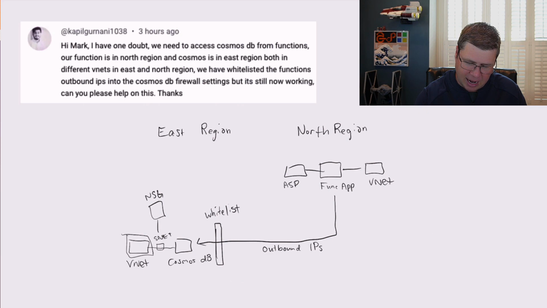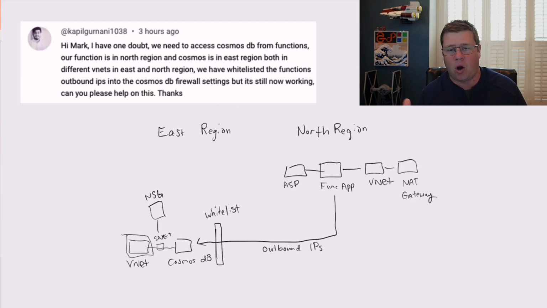On this VNet, we could add what's called a NAT gateway. And a NAT gateway is a special managed service that basically allows you to route all outbound internet traffic from that virtual network through the NAT gateway with, guess what? One outbound IP address, right?